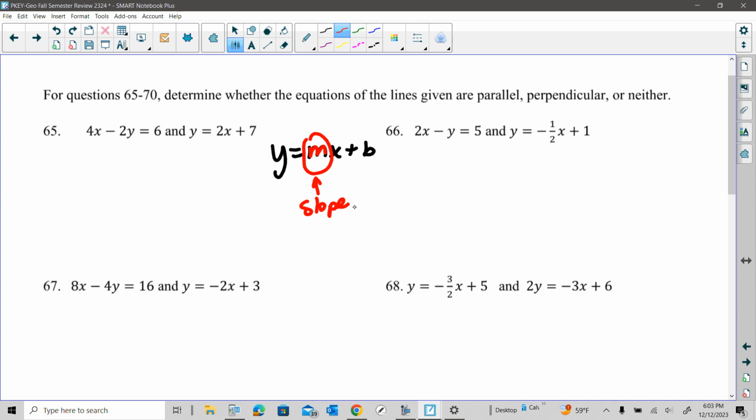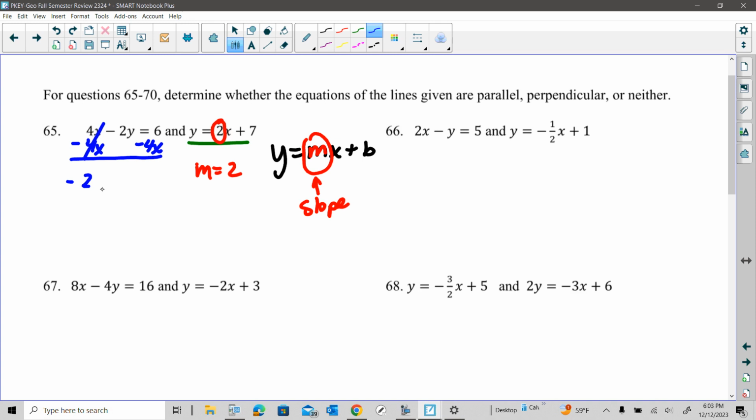So if I look, I have two equations here. I have the 4x minus 2y equals 6, and I have the y equals 2x plus 7. This second one is already in slope-intercept form, so I know the m is 2 here. The 4x minus 2y is not. So what I would need to do is put it in slope-intercept form by subtracting the 4x to isolate the y term.